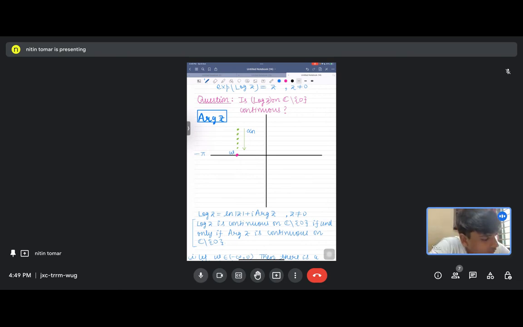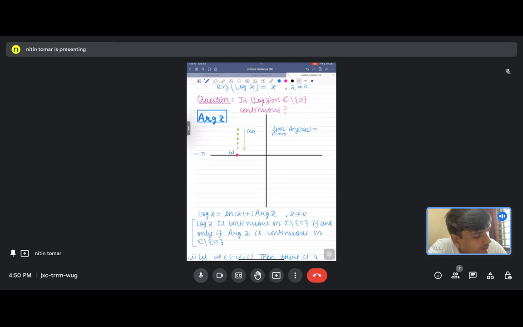So my question is, what should be the limit of argument alpha n? What should be this value? Minus pi. Why? What will the angle be at W?